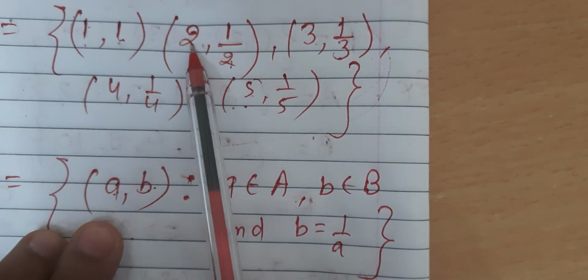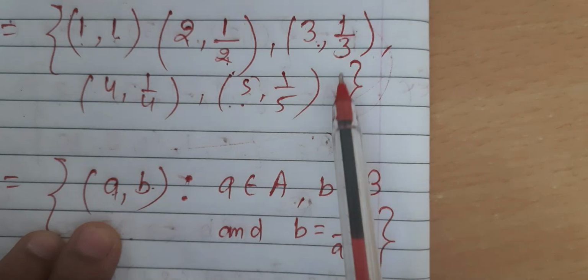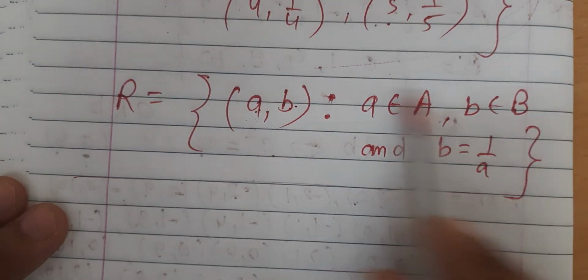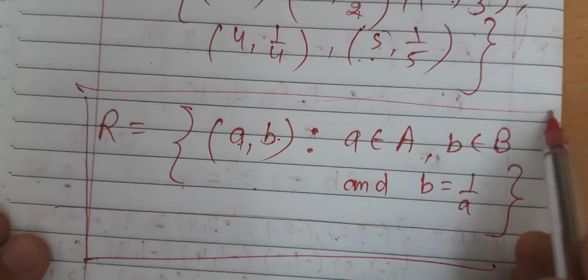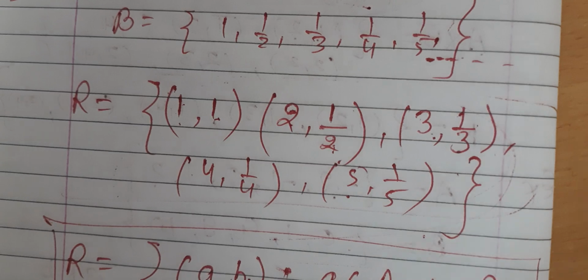If A is 2, then B is 1 by 2. If A is 3, then B is 1 by 3, and so on. So this form is called set builder form, and this form is roster form.